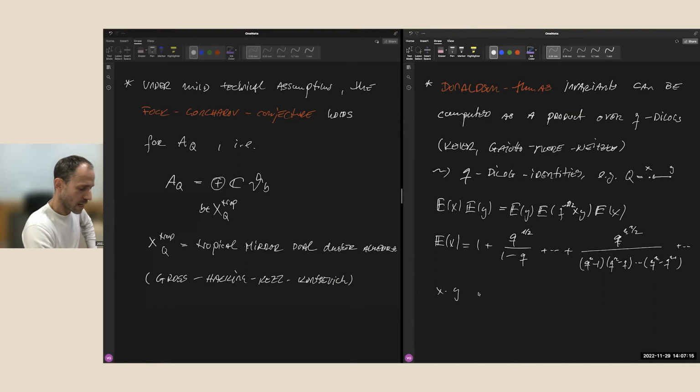And this all takes place in the non-commutative algebra where x times q is q to the minus, so it's commutative up to some q power, q to the minus 1/2 xy, or q to the minus 1 y times x.